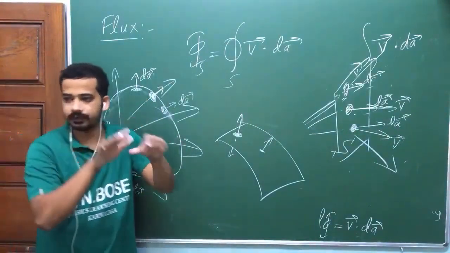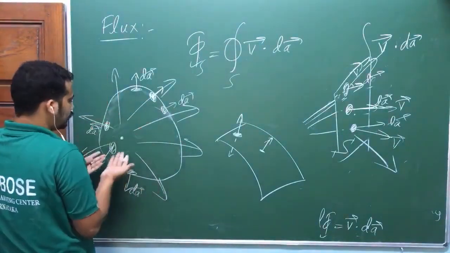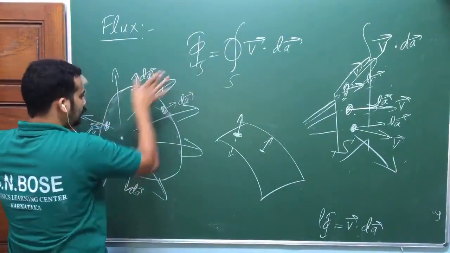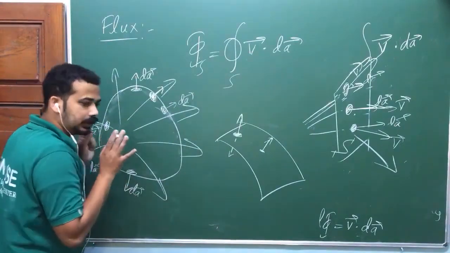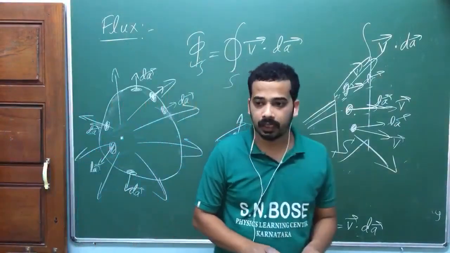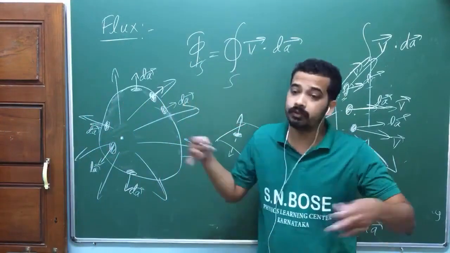You have a closed surface area. Now you can see here there is a source. Field lines are going outward. Again, it is a convention that we always take outward flux positive, inward flux negative.